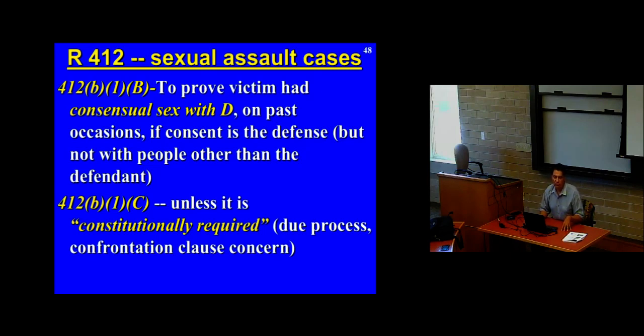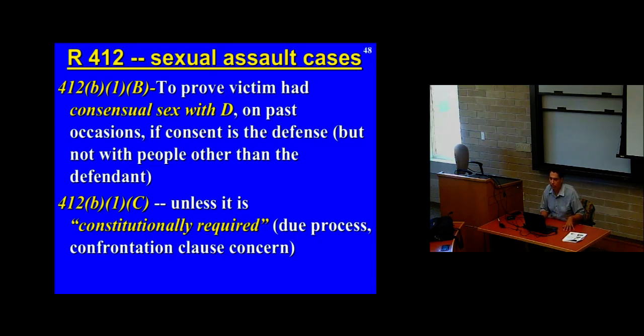Now, a larger catch-all one would be 412(b)(1)(C), which would say if there are circumstances where it would be constitutionally required in order to have a fair trial or to allow due process, then it's allowed. This is kind of like a constitutional fail-safe or safety valve where it's not unconstitutional, at least on its face, and people can confront witnesses against them if that is required. And so the judge has the ability in those instances to not require an unconstitutional suppression of evidence.